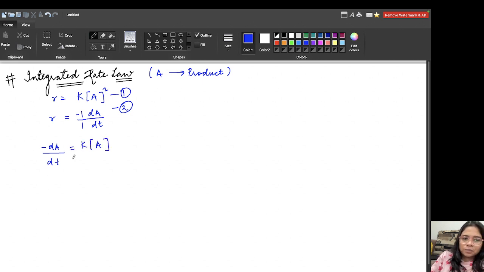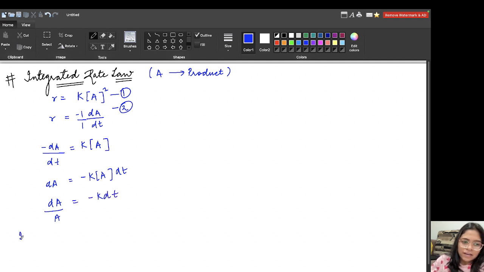If I shift dt here with a minus sign, d[A] equals minus K[A] dt. Then the next step: shift [A] here, so d[A]/[A] equals minus K dt.